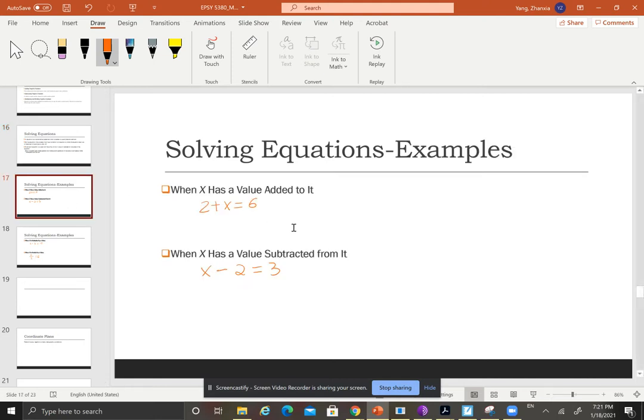When x has a value added to it, we know that addition and subtraction are inverse operations. So to cancel out or undo the addition, we can subtract the same quantity. Since we are isolating x, we will subtract 2 on both sides.